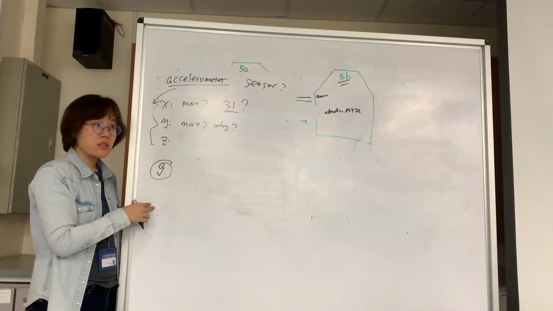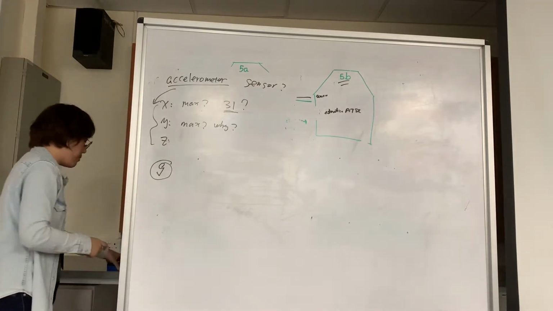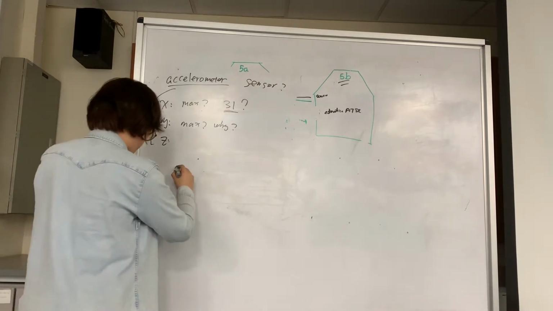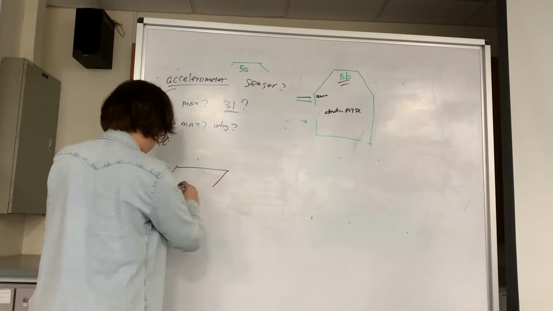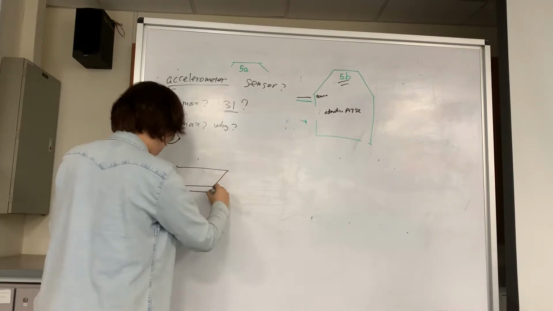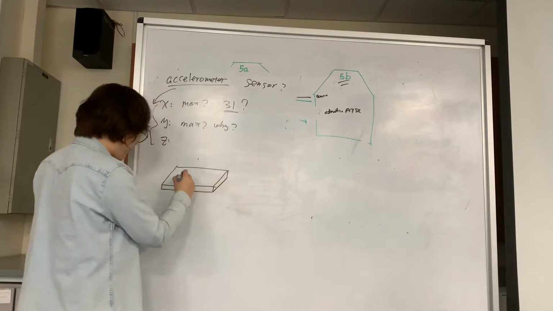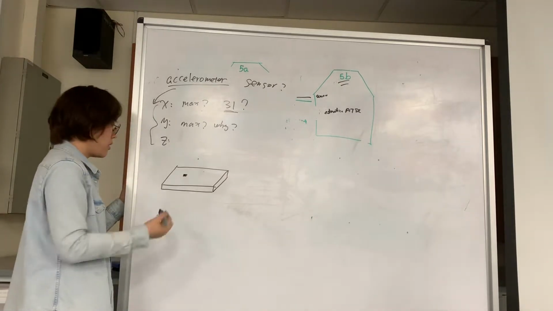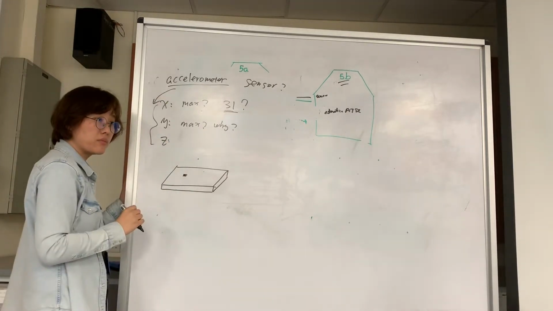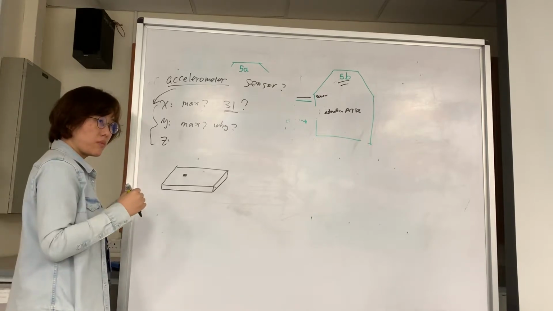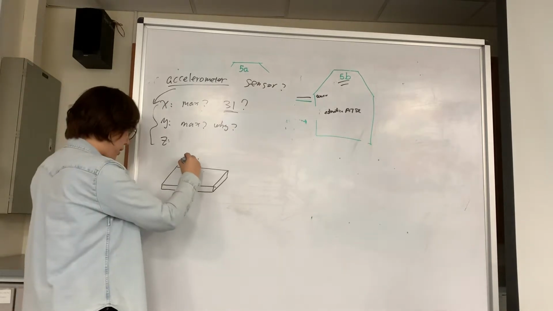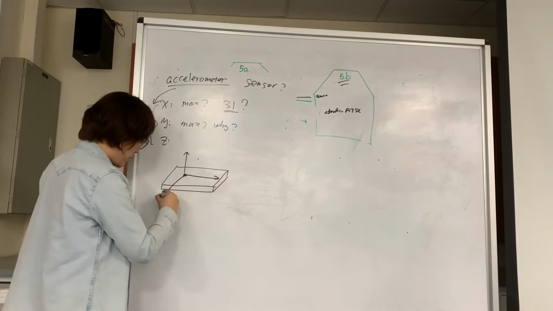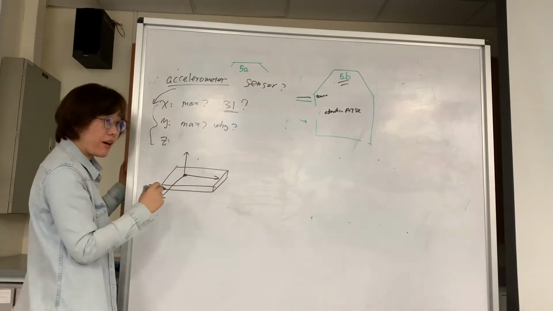Gravity. Okay? So imagine you have your board. Here's your board. You have an accelerometer here. Why do you have 3 directions? 3 dimensions, because you are basically measuring the three dimensions of gravity.